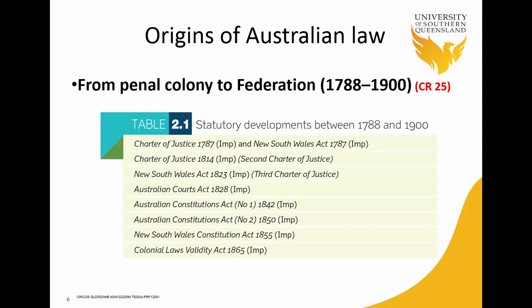By 1842 we had our Australian Constitutions Acts. The first one was in 1842, the second in 1850, and these continued this responsible government and the expansion of the Legislative Council.